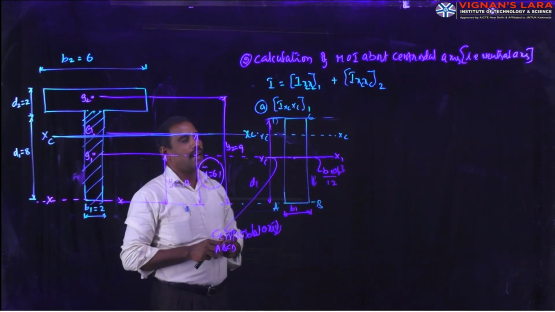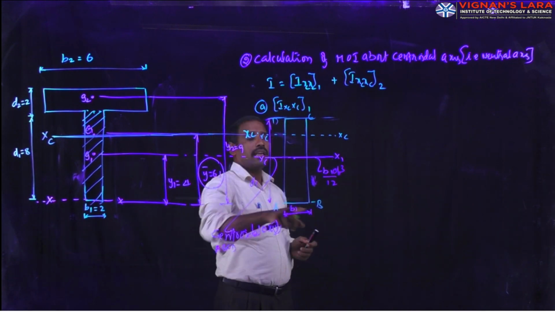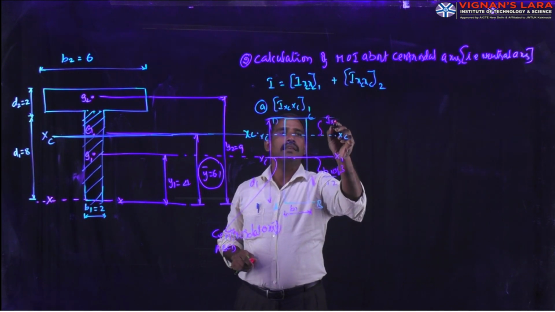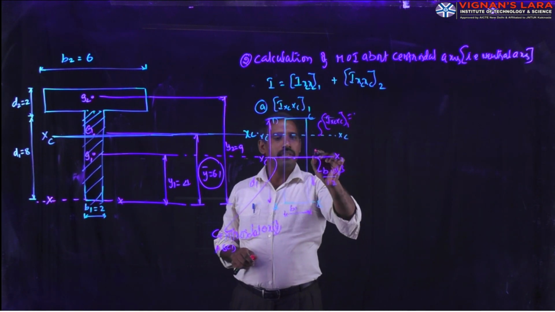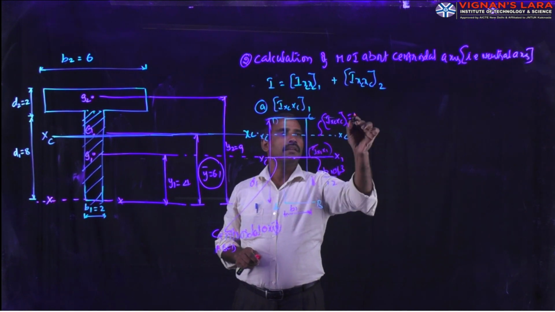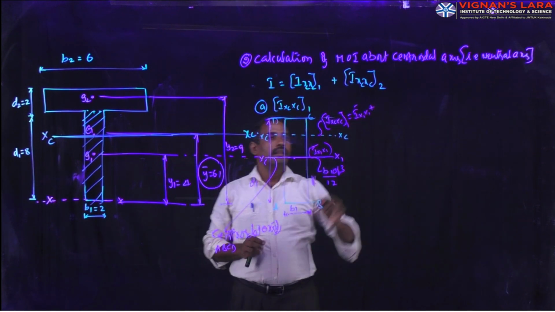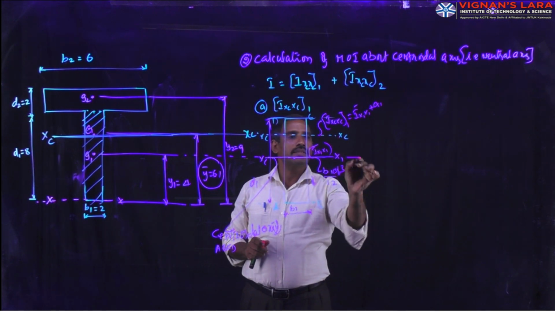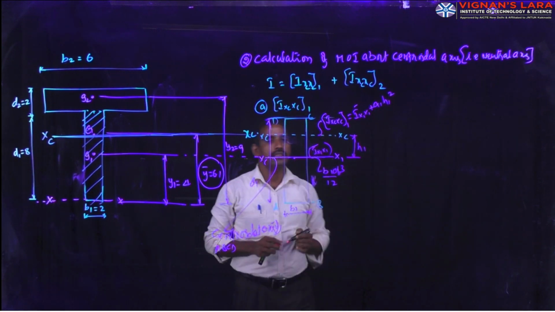By using the parallel axis theorem, the moment of inertia of the rectangle ABCD about the non-central axis, IXC of 1, is equal to IX1 bar plus A1 into the perpendicular distance between these two parallel axes, h1 square. So this is the formula.